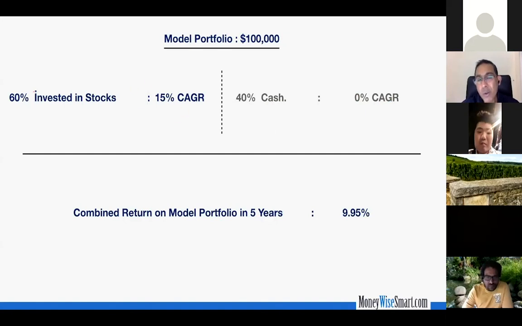So even though my stocks are generating 15% CAGR, my combined return on my entire $100,000 in a 5-year period is less than 10%. So that's not satisfactory for me. And that is happening just because I'm sitting on so much cash, which is not generating any return. I mean, nowadays, you don't even get any interest.